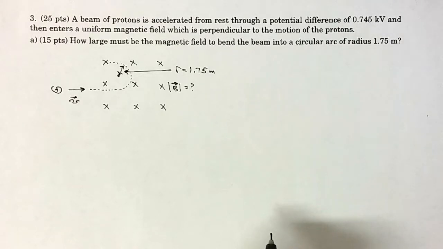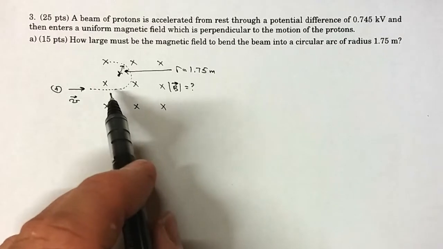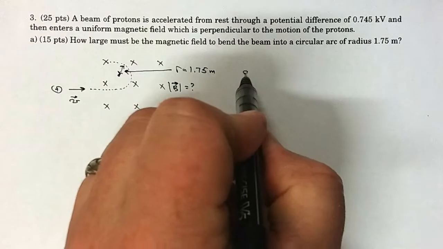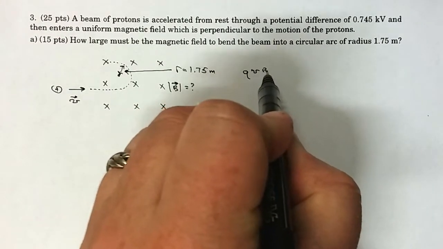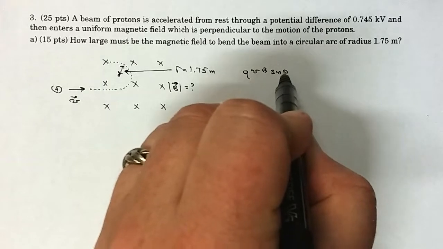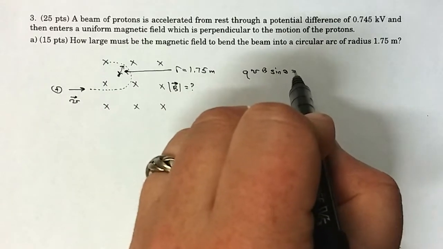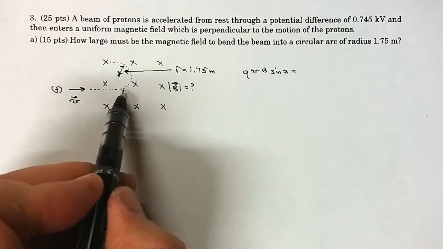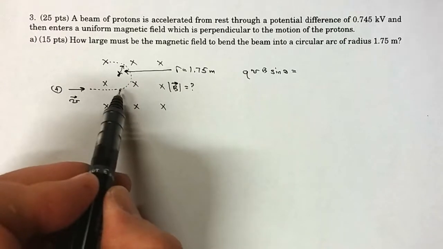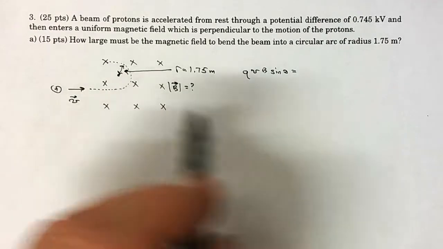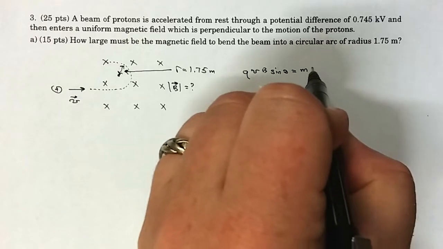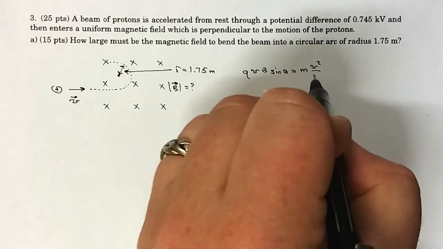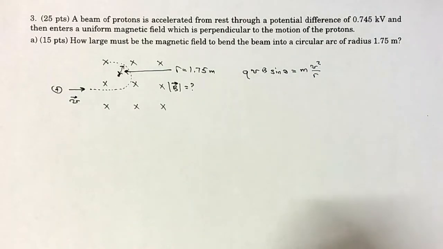So, in this magnetic field, we have a magnetic force, qvB sine theta, and that force is causing this proton to accelerate, and it looks like that force will be in the centripetal direction. So ma, where a is the centripetal acceleration, v squared over r.